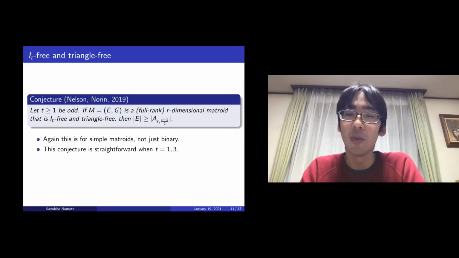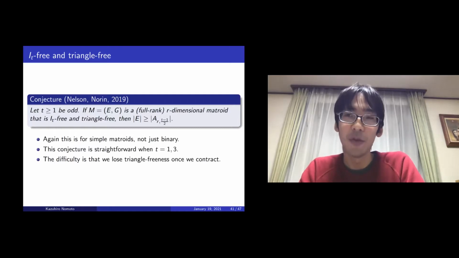So when T is 1 and T is 3, this is highly trivial. The first interesting case is when T is 5. And the tight example predicted under this conjecture is the 2 affine geometries. So that's the first interesting case.